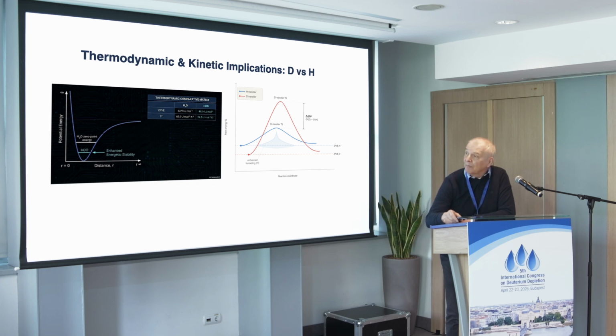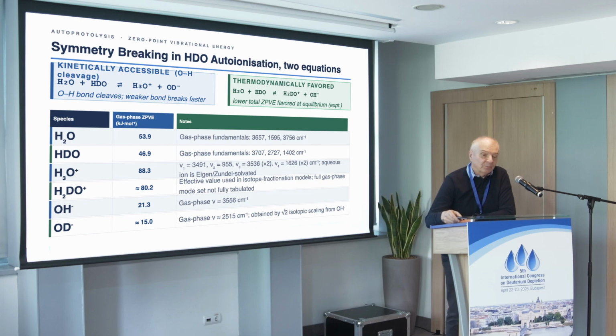On the right side, you see the potential energy curve, the two zero-point energy vibrations, and you see the anharmonicity, which is very important, as you see the O-deuterium bond is shorter compared to the OH bond.